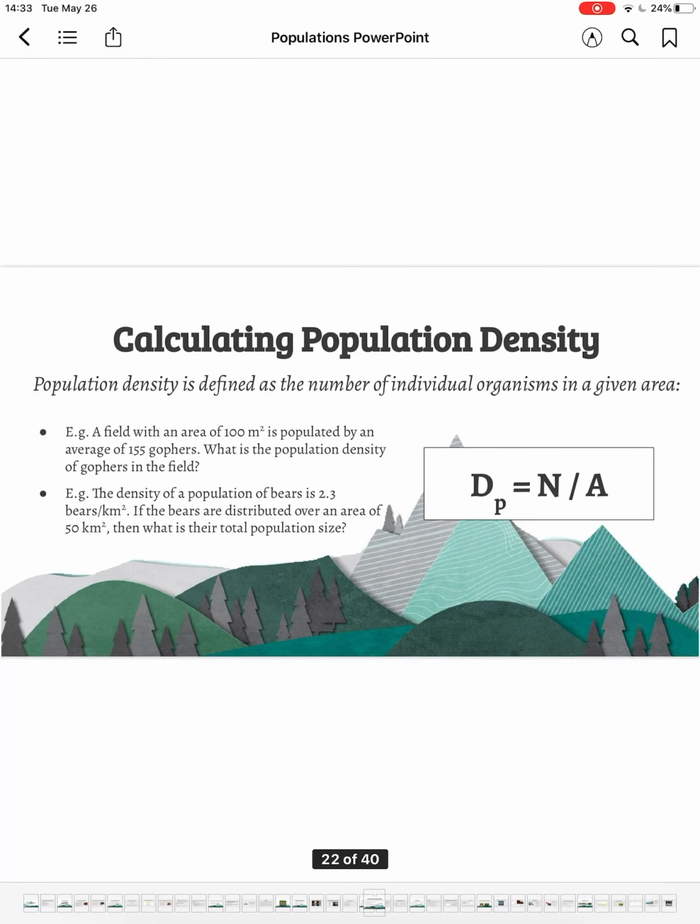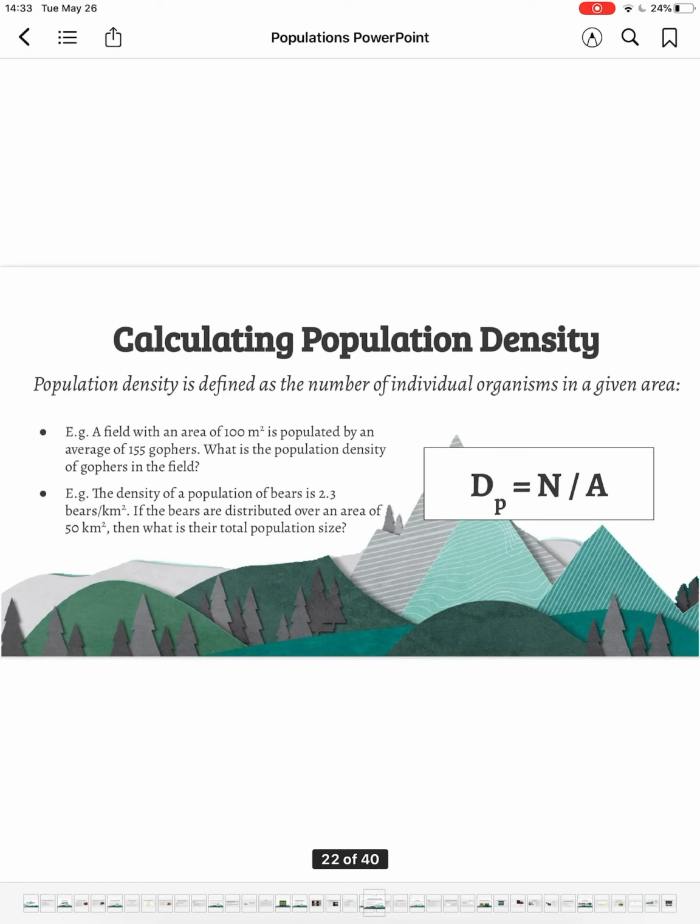All right, so how do we calculate population density? Density is how many individuals are in one area. If we're looking at countries of humans, Canada doesn't have a very high population density. I don't actually know the measurement, so I'm not going to make it up, but basically people in Canada have more space per person compared to China, for instance.